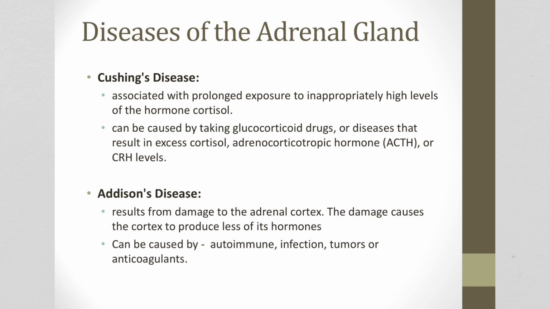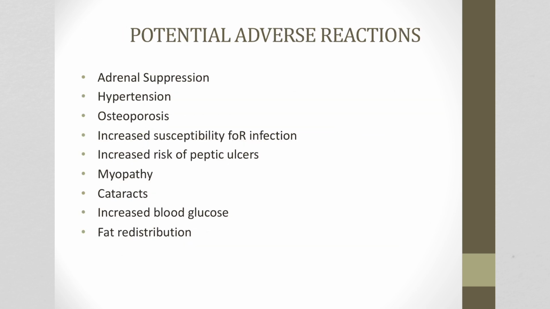But this isn't most often caused by drug use, but certainly impacts the amount of natural corticosteroids circulating and available. So potential adverse reaction, you can have adrenal suppression, the development of hypertension, right? Because aldosterone and cortisol are going to control your blood pressure.